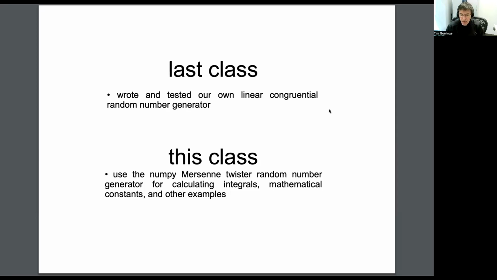In today's class, we're going to use a random number generator, the NumPy Mersenne twister random number generator, for some example calculations. We're going to look at calculating mathematical constants. We're going to look at calculating integrals. We're going to look at other examples.